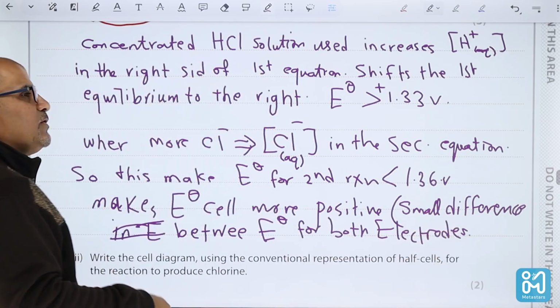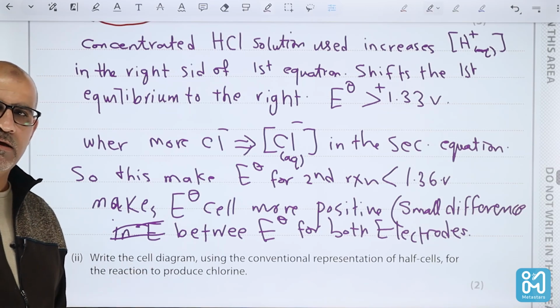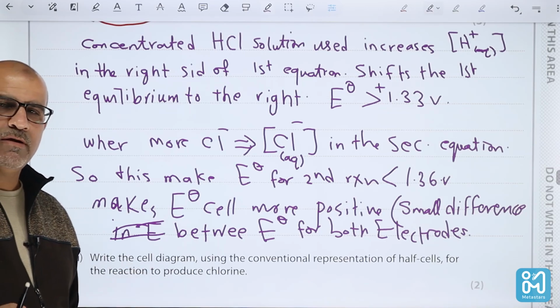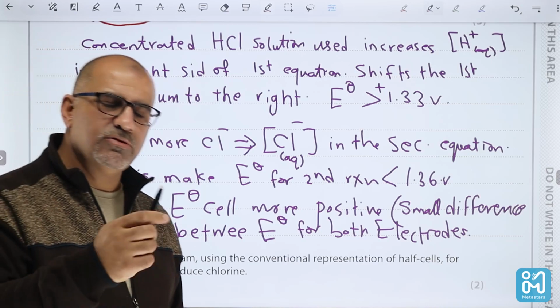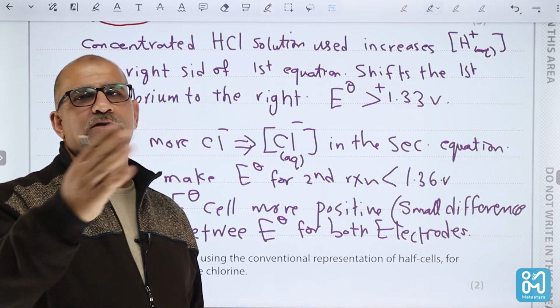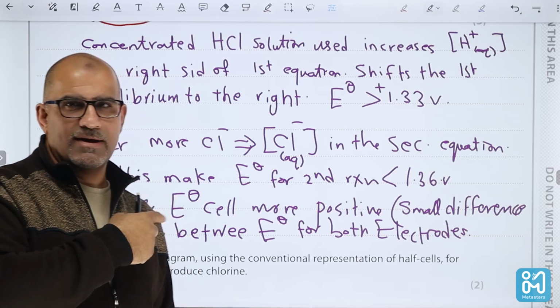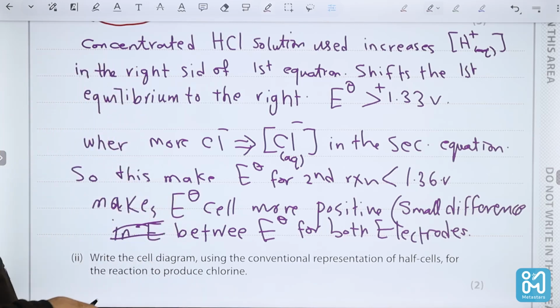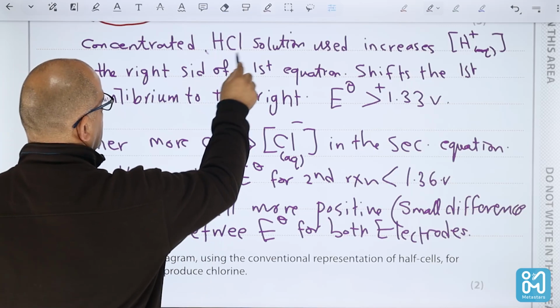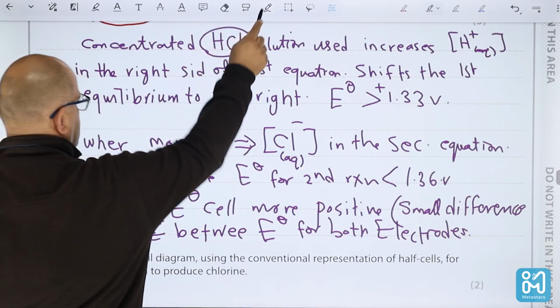Briefly, if you increase the positivity of the first one and you decrease the positivity of the second, this will make the difference more positive. That's why it's a feasible reaction by the addition of hydrochloric acid.